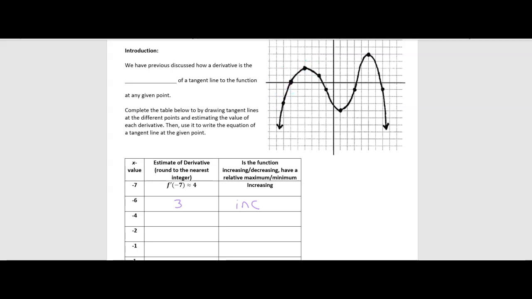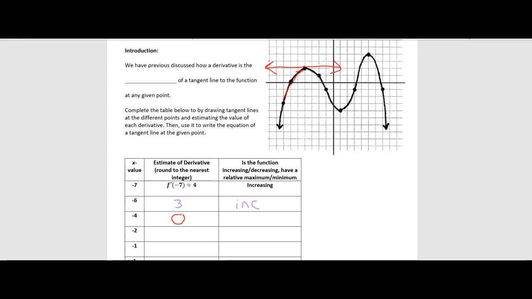Let's do the next one. We have x equals -4. And our tangent line here, it's right at the top of this section of the graph. So if you think back to the slope of a horizontal line, it's going to be 0. And right here, the function is between increasing and decreasing, right?